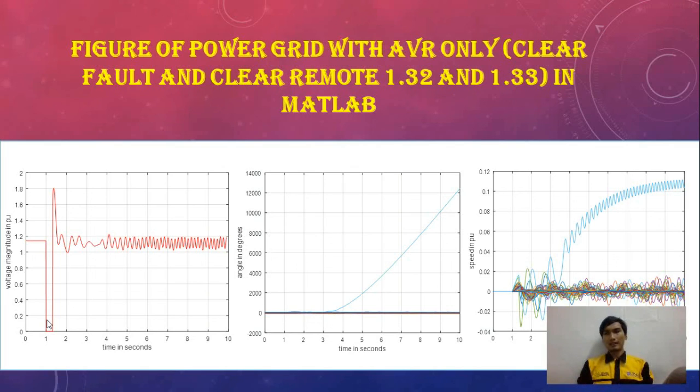So last but not least, again I say the power grid with PSS and AVR is more efficient and better than AVR only and without AVR and PSS. That's all. Thank you.